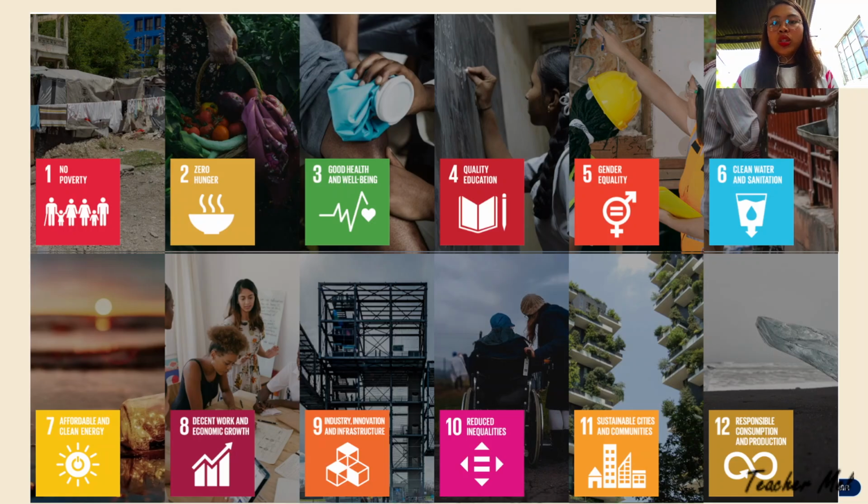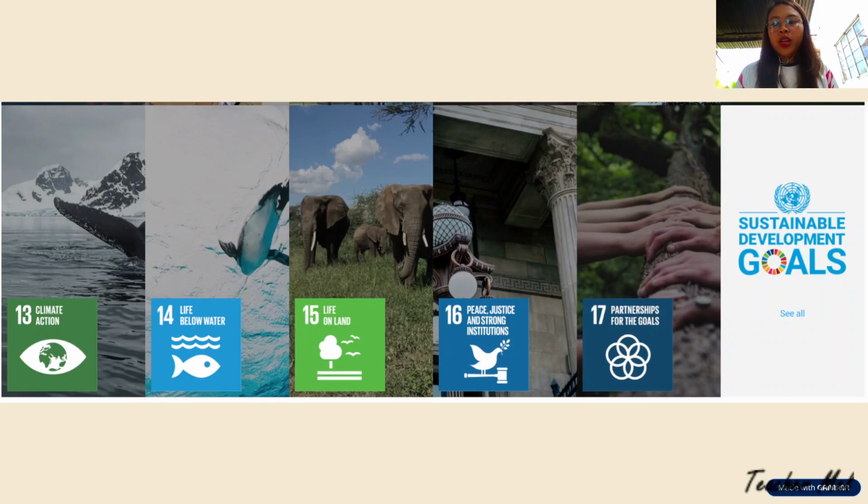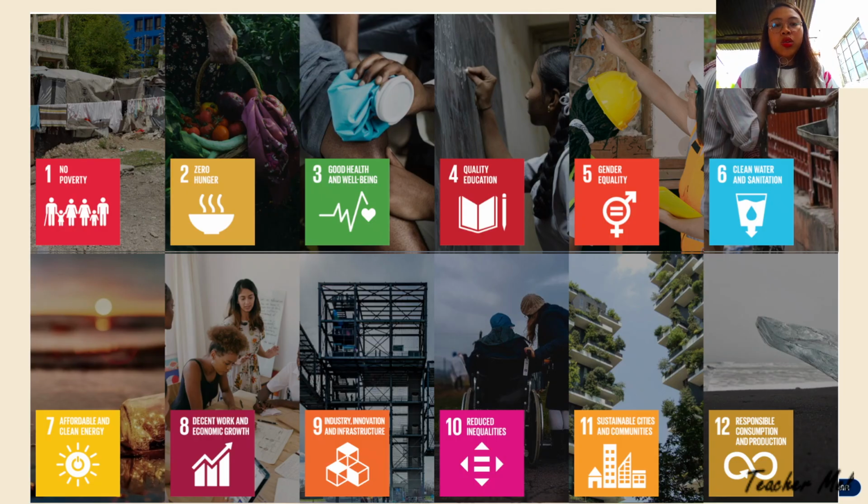Zero na yung hunger, good health and well-being, quality education, gender equality, clean water and sanitation, affordable and clean energy, decent work and economic growth, industry, innovation and infrastructure, reduce inequalities, sustainable cities and communities, responsible consumption and protection, climate action, life below water, life on land, peaceful justice and strong institution, and partnerships for the goals. So, sustainable development. So, I don't know, tama ba yung pagka-recall ko? Dapat daw by the 2030 or 2040, dapat na-reach daw itong mga sustainable development goals na ito.